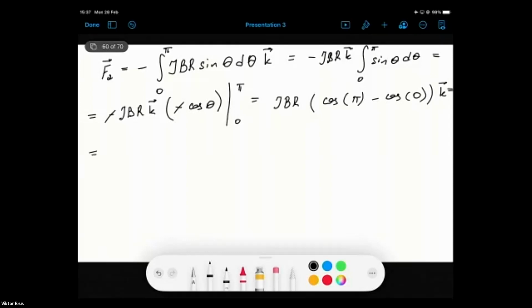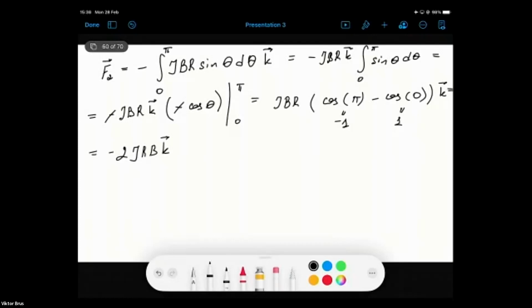So these will be minus unity and unity. So we eventually will get 1 minus 1 minus 1 minus 1, so it will be minus 2 times I r b and k unit vector.